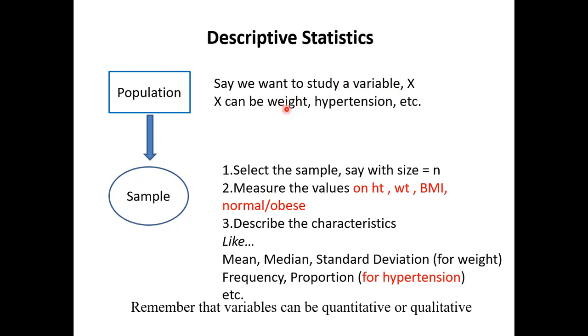Mansha, is weight a variable? Yes, it is. Why is this a variable? Because it can be changed. Not changed. Different people have different weights, right? The weight differs from person to person, not changed.